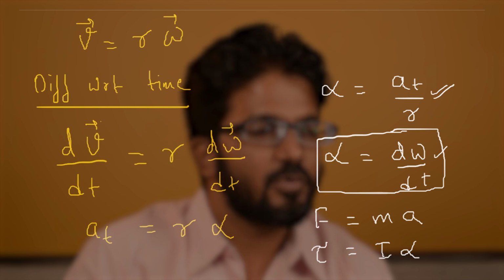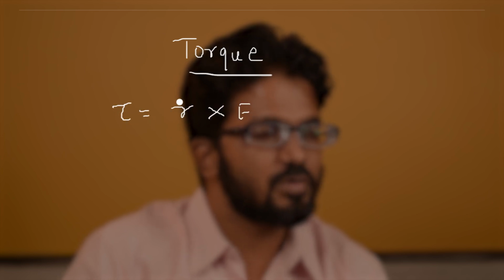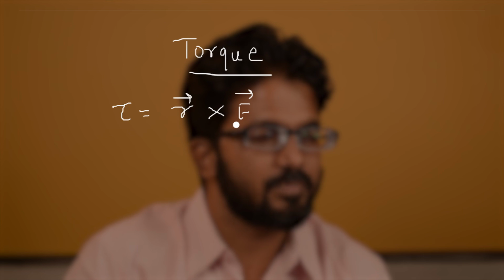So for explaining the torque, we have to first understand how it is related to the force. Torque depends on three factors. We can write two formulas here. Torque is equal to r cross F, the cross product of the radial component and the force that is applied.